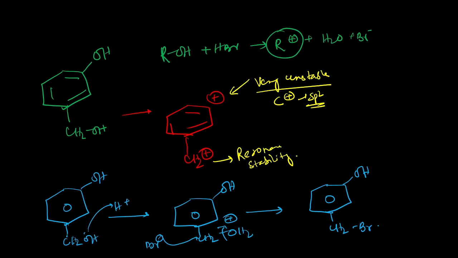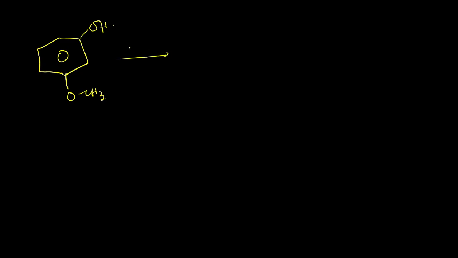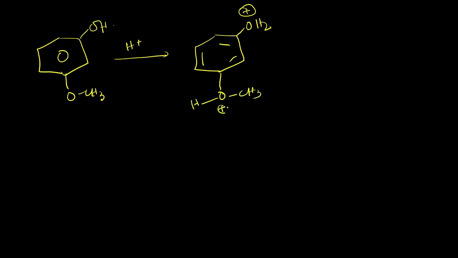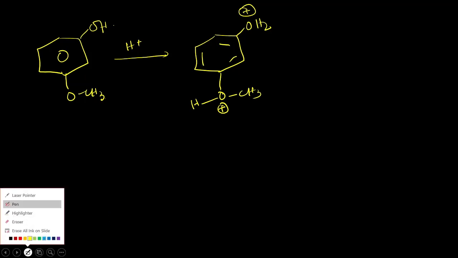Now moving forward to the second molecule, we have OH and OCH3. Same thing. If we add H plus, we can have two situations. One is we can have this one, another is we can have this one. In the next step, there should be a bond breaking.